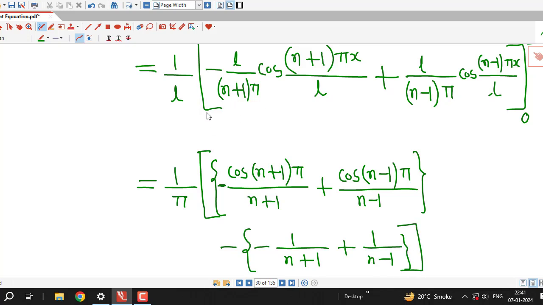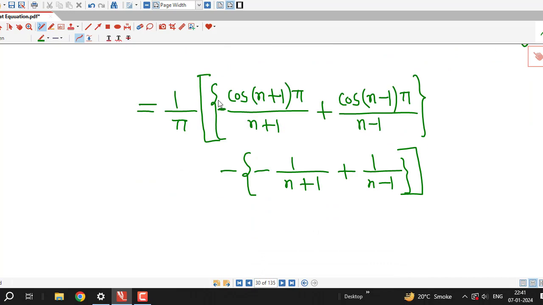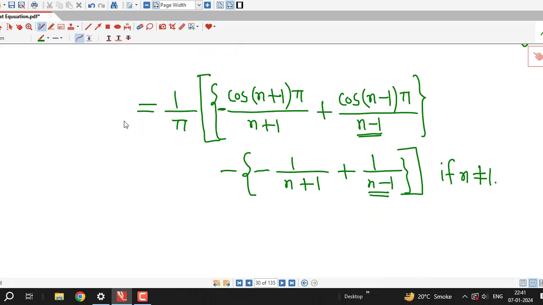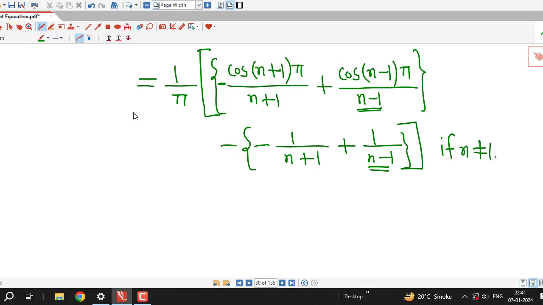This pi we have taken outside this. And here we can observe one more thing, that we have n minus 1 in the denominator. So this is valid if n is different from 1. So for n equal to 1 we have to calculate a_n separately.